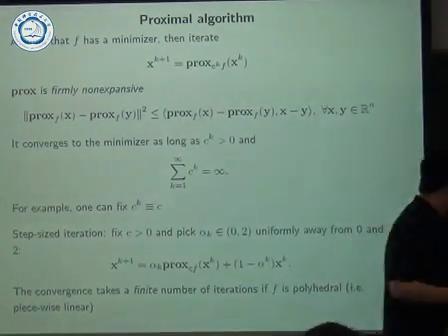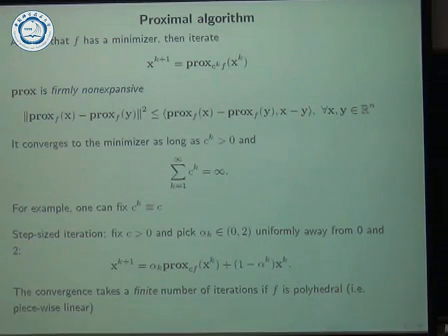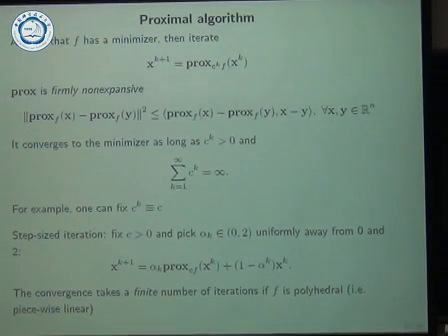Expansive means, let's say this operator is T. I look at T of x and T of y, and I look at the distance. If the distance is greater than the norm of x minus y, this is called expansive.